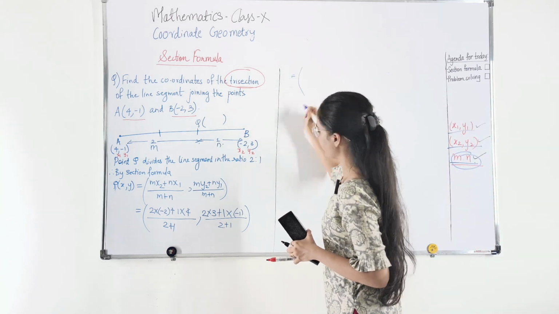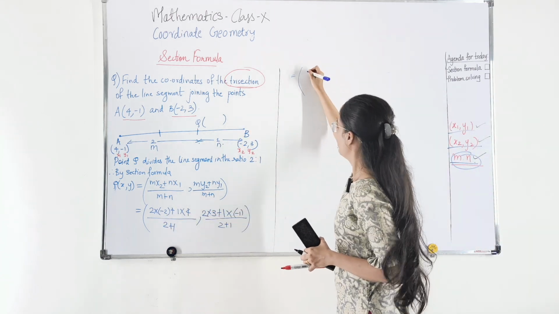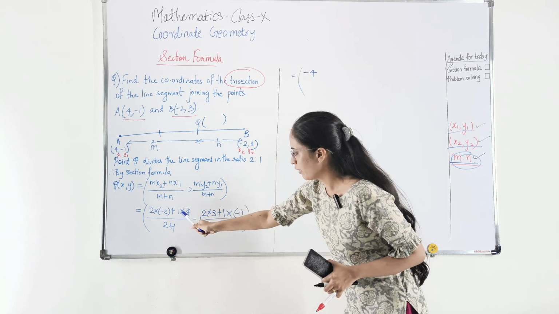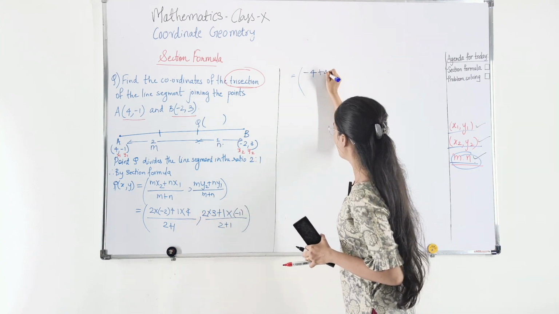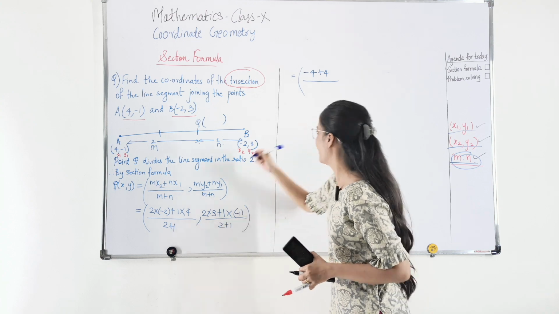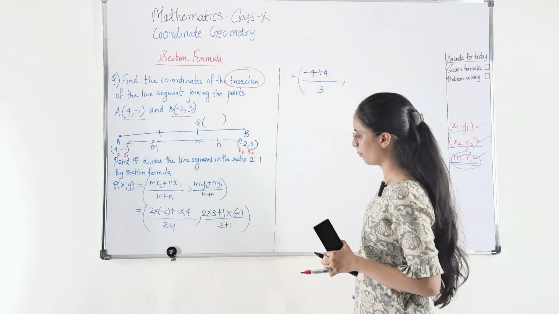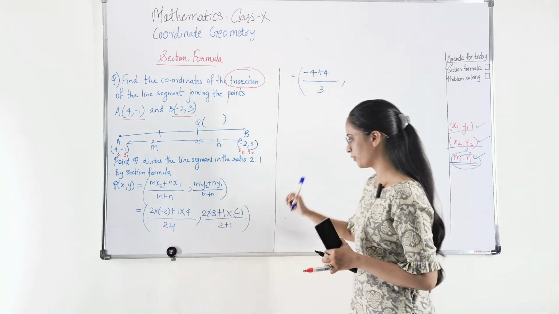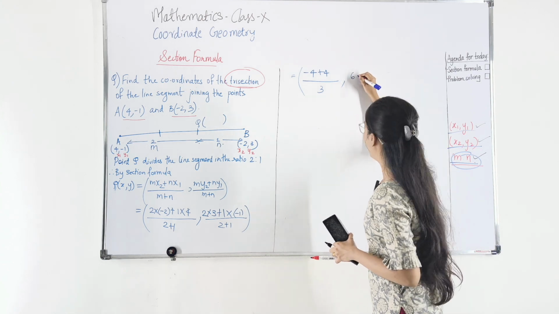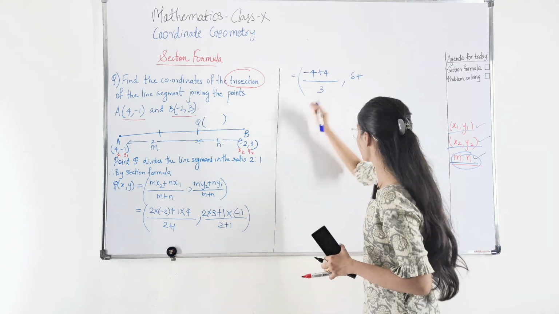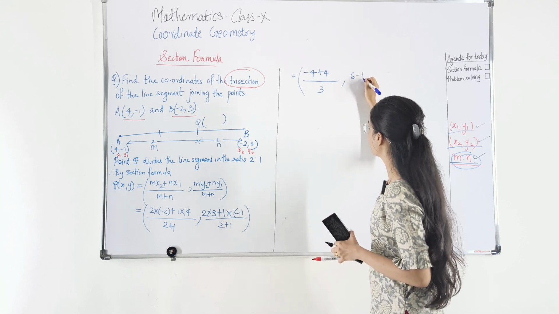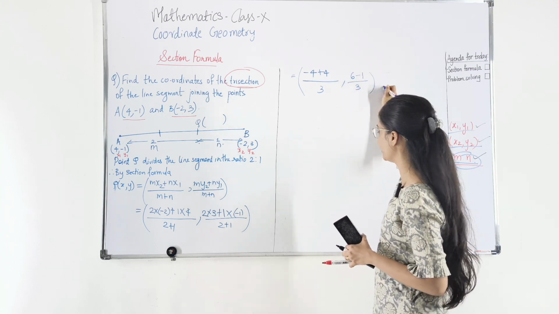On further solving, you have 2 into -2, it's -4, and 1 into 4 is 4, and 2 plus 1 is 3, comma, 2 into 3 is 6 and 1 into minus 1 is minus 1, the whole upon m plus n, which would be 3 only.